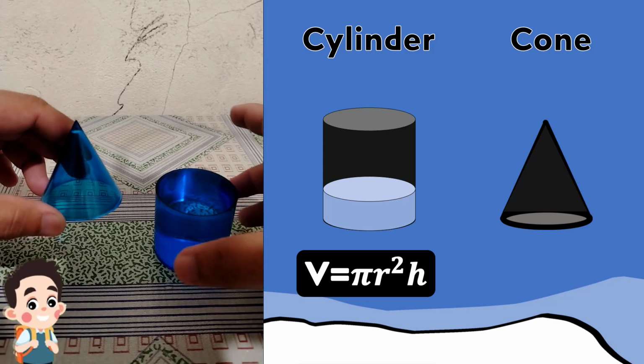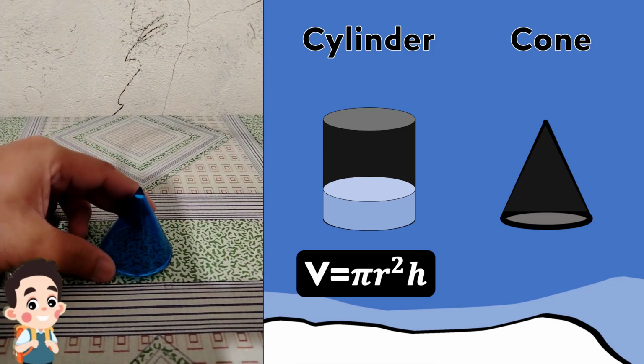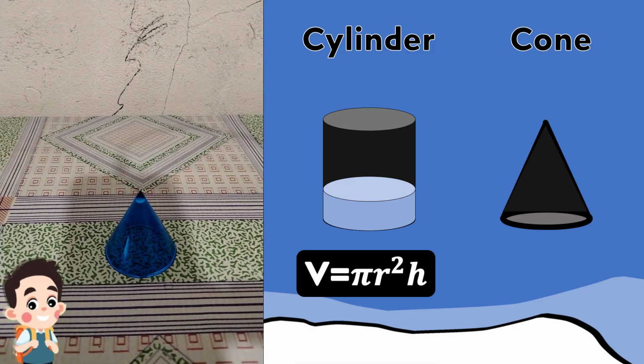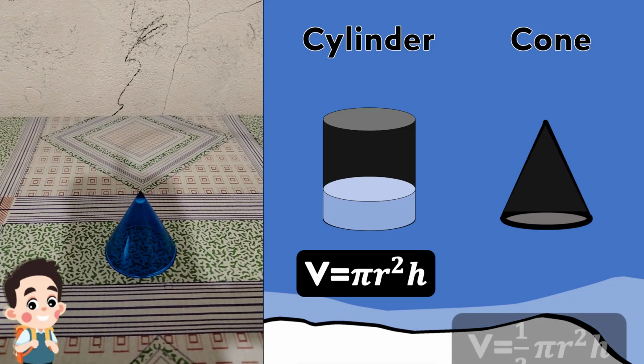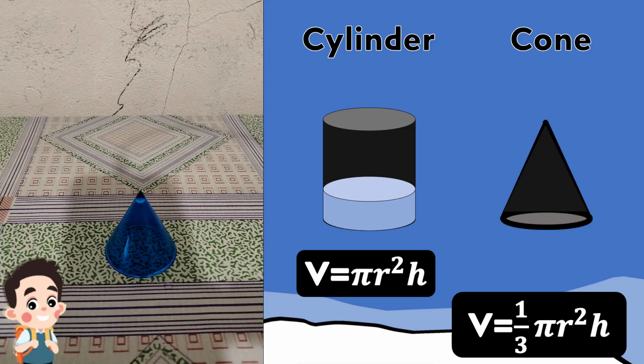That means the secret in the formula for the volume of the cone is that it is just 1/3 pi r squared h, which is 1/3 of the volume of the cylinder having the same circular base.